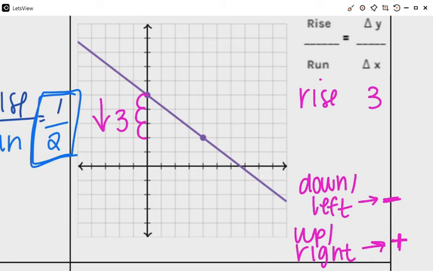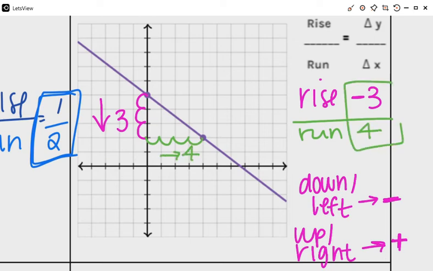So if you think of the axes, down and left, those are all negative numbers. Up and right, those are all positive numbers. So our rise is -3 over our run, which is over 1, 2, 3, 4. Since we went to the right, it's a positive 4. We cannot simplify that fraction, so our slope is -3 over 4. Okay?